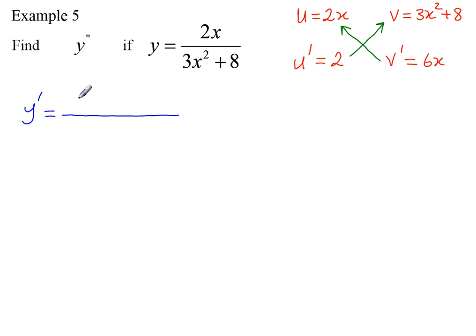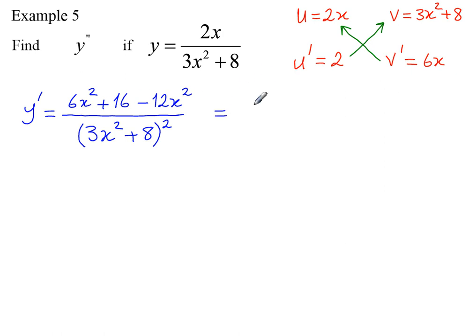u dash v, so 2 into this bracket, so that would be 6x squared plus 16 minus 6x into 2x, so 6x times 2x is 12x squared over 3x squared plus 8 all to the power of 2.